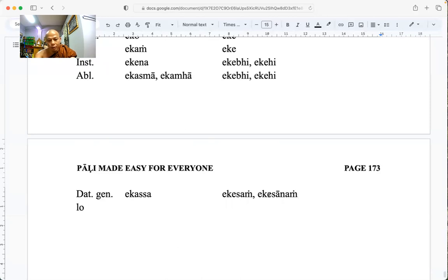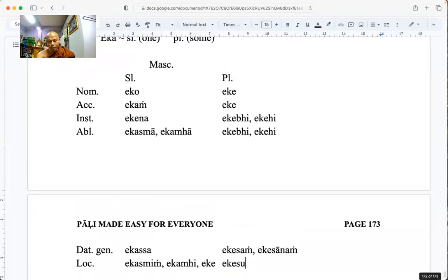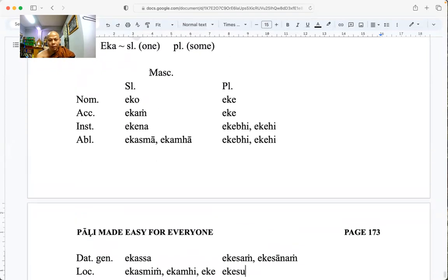The last one, the locative case, is ekasmim and ekamhi, and ekasmim is maybe also like the boat day. For plural, ekesu.